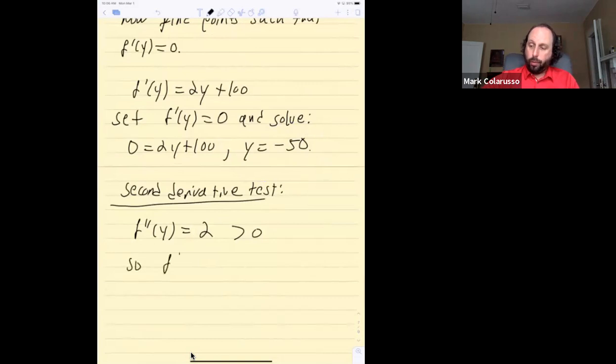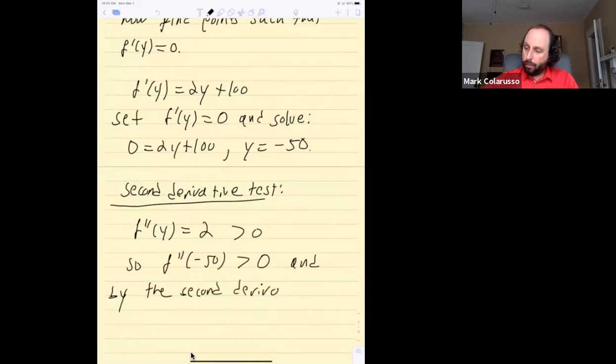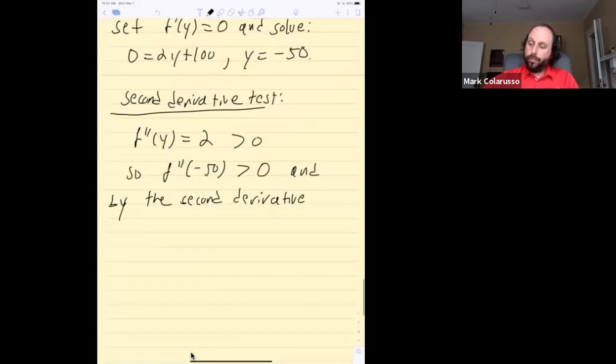So f double prime at minus 50 is greater than 0, and by the second derivative test, y equals minus 50 is a minimum.